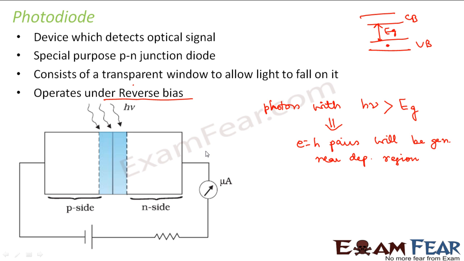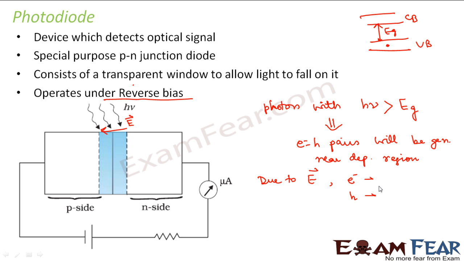Now the depletion region has got an electric field of its own. This electric field is along this direction, right? So now under the effect of this electric field, what will happen? The electrons and holes which are generated will get drifted.